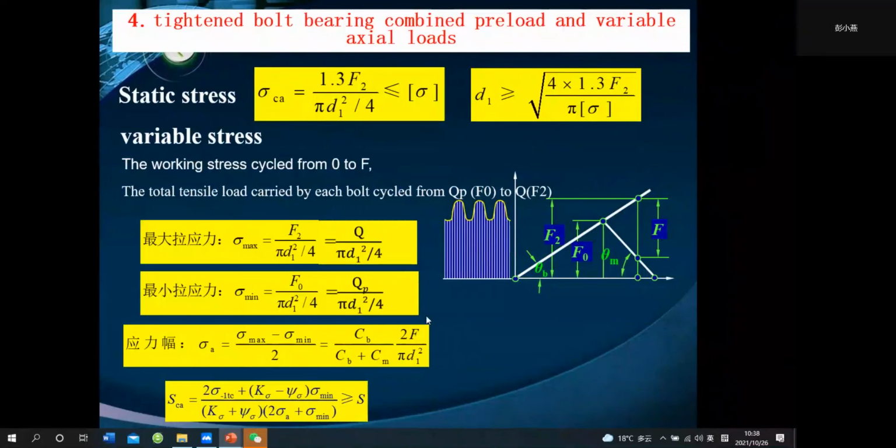So in this condition, which is constant? The stress ratio, or the mean stress, or the minimal stress?